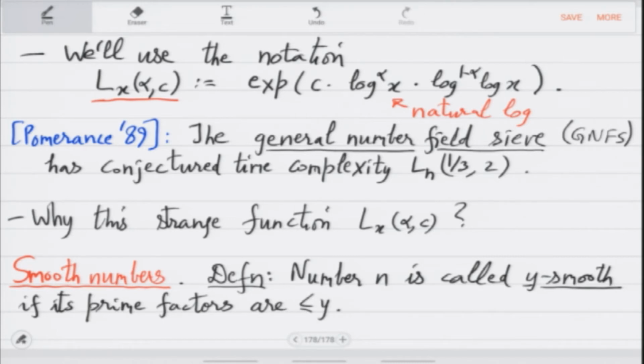Every prime factor of m is less than or equal to y.